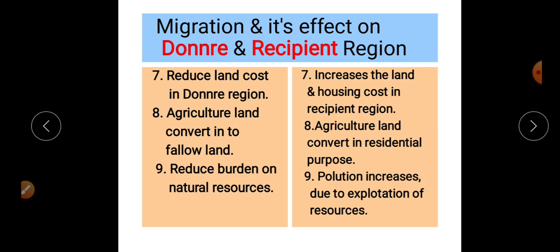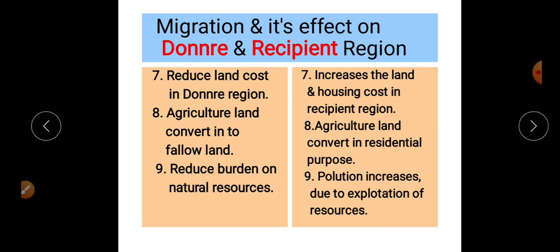Pollution increases due to the exploitation of resources, and the opposite condition is in the urban center, the recipient region, where the population increases. Pollution increases due to the increasing population and the overuse of natural resources.